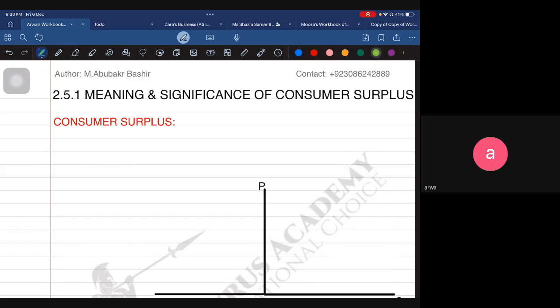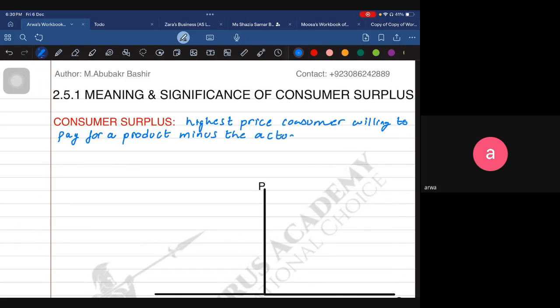So it's the highest price a consumer is willing to pay for a product minus the actual price the consumer paid.